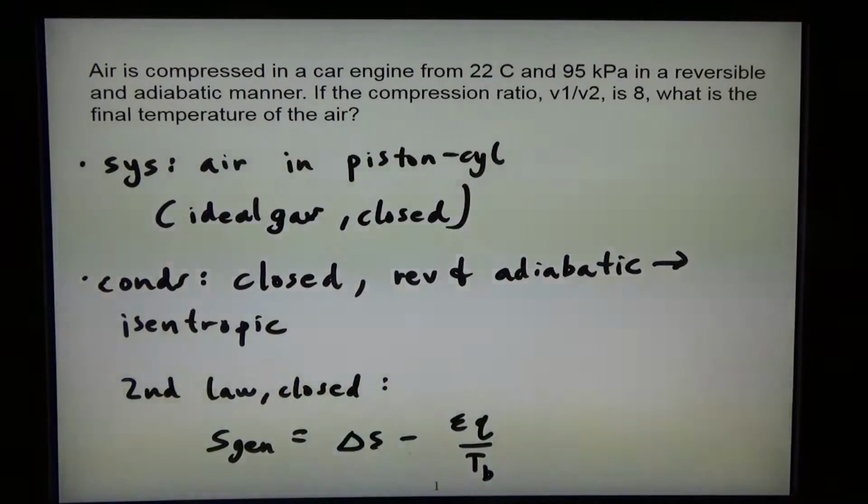As I was saying, we have a reversible process, so there's no entropy generation, and we have an adiabatic process, so there's no entropy transfer with heat. So we get delta S is equal to 0, or this is an isentropic process.